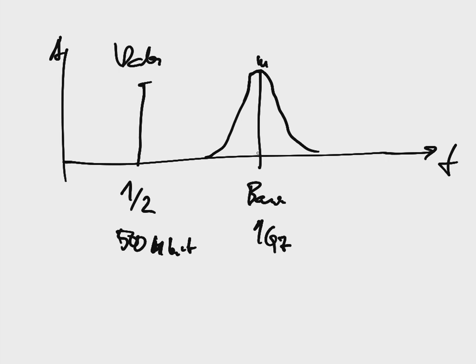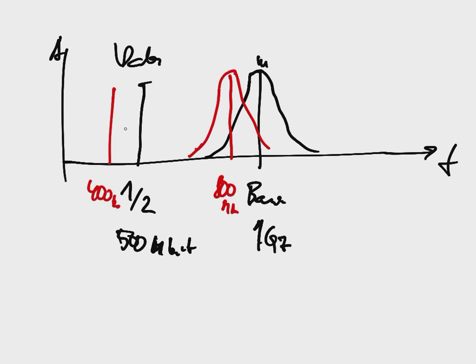And you may assume that the maximum data you can send is determined by the maximum frequency which you can reliably send through the cable, which is just 500 megabits. But it's not the case, because you can create a slightly different signal here, which does not overlap too much. Here, let's say, you have 800 megahertz, so you can send 400 megabits as well.